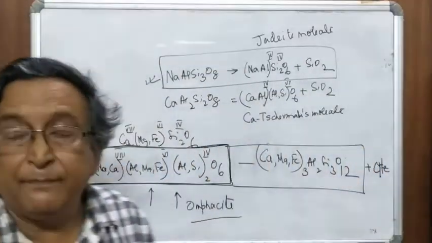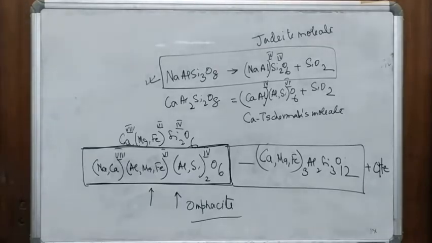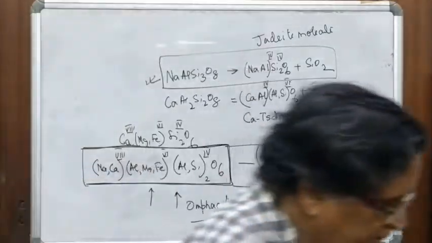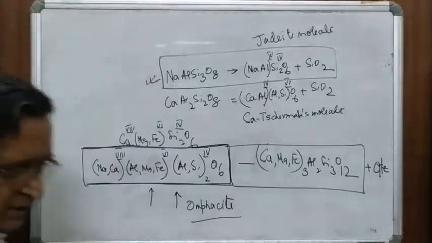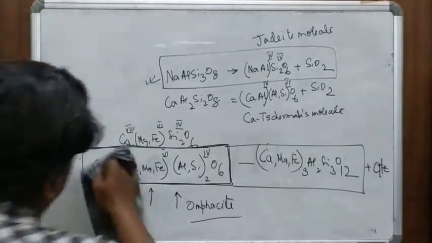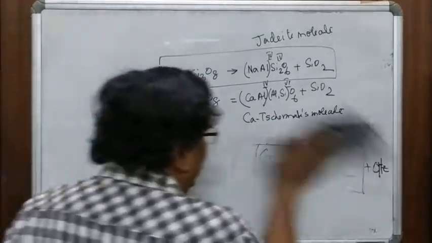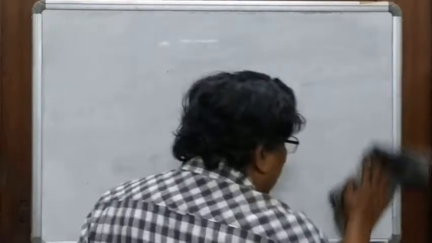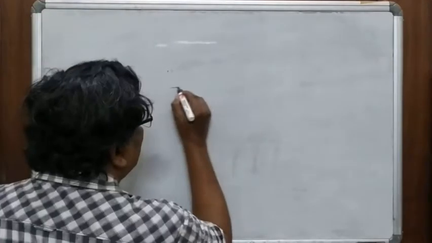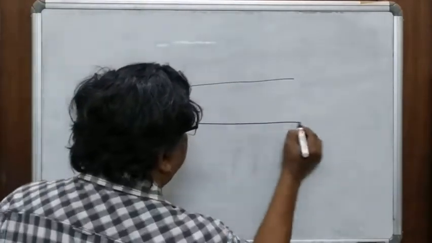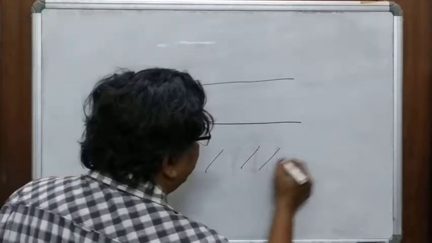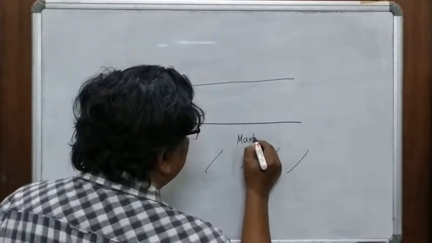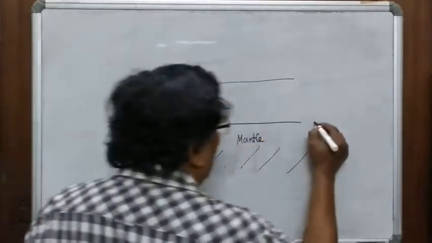What happens at the gabbroic, at the eclogite, at the granulite-eclogite transition boundary? Right. Now what happened? So if I go down pressure now, there was a talk several years ago, more than half a decade ago. If you have a crust, and then you have the mantle, and then you had the Moho.